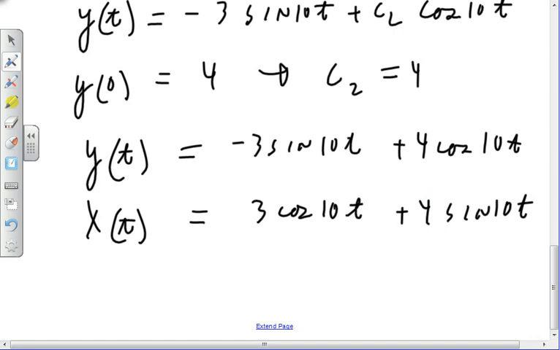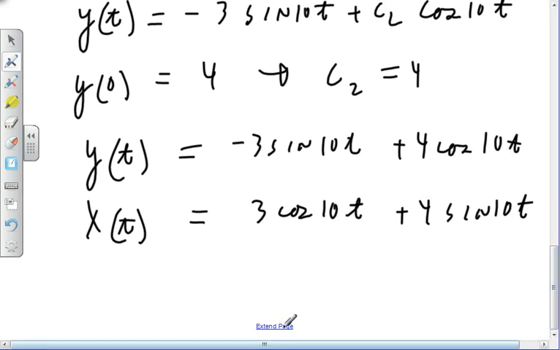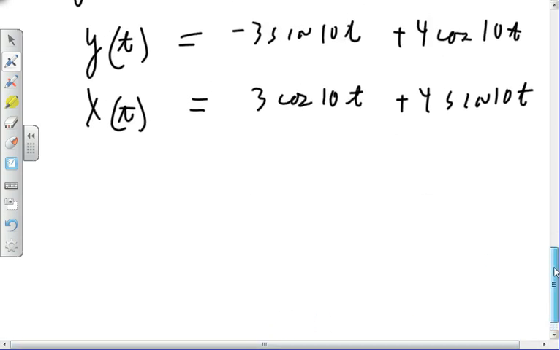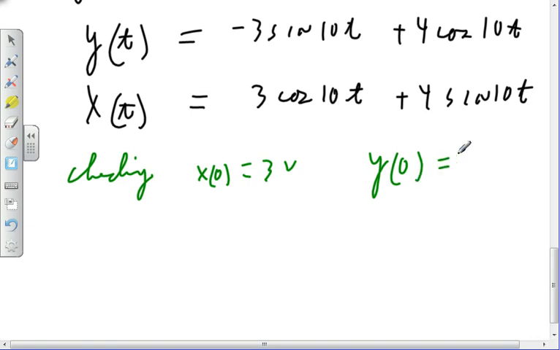Is that what it is? X of t, 3 cosine, yes. All right. And then I would check my work. And so checking: is x of 0, 3? Check. Is y of 0, 4? Check.